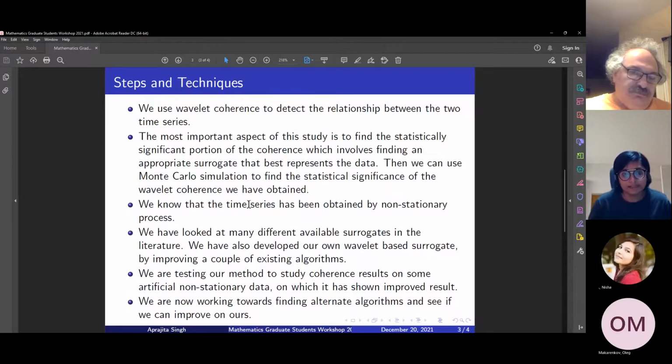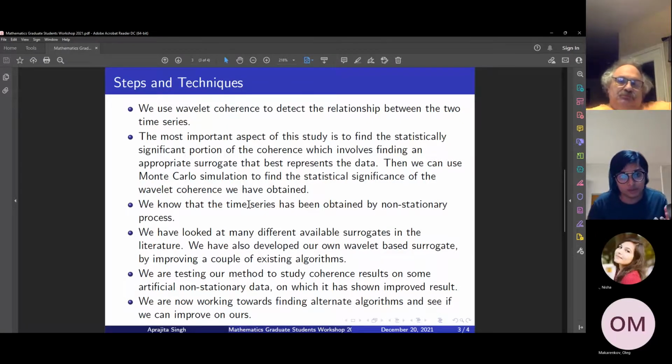So the steps and techniques. In brief, we want to use wavelet coherence to detect the relationship between the two time series. The most important aspect of this study is to find the statistically significant portion of the coherence.